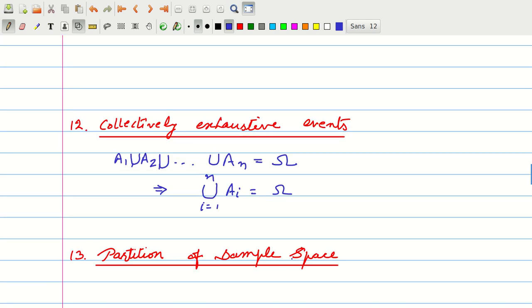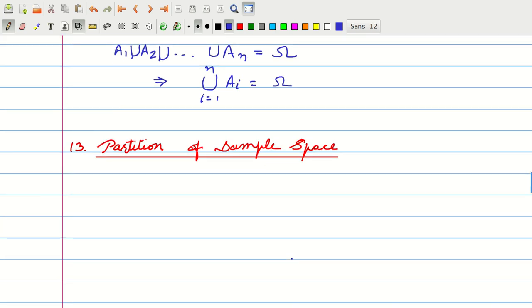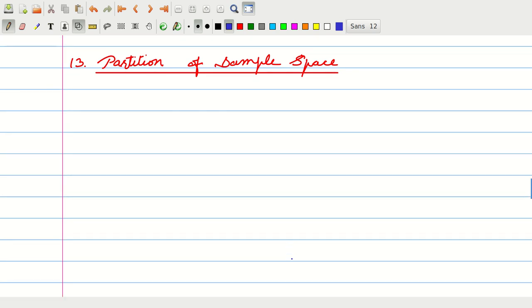A given listing of events can be both mutually exclusive as well as collectively exhaustive, mutually exclusive but not collectively exhaustive, collectively exhaustive but not mutually exclusive, or neither. If a given listing of events is both mutually exclusive as well as collectively exhaustive, then they are said to partition the sample space. So, our next term is partition of sample space.